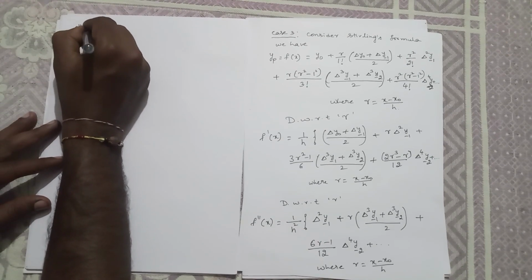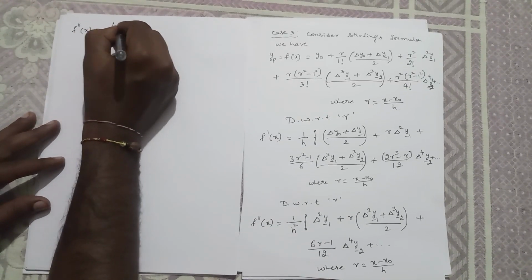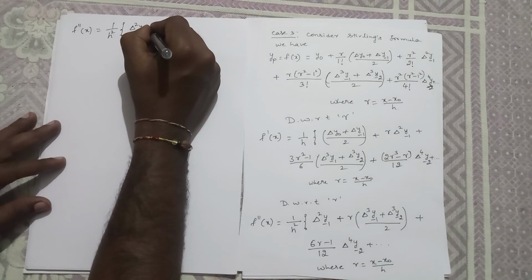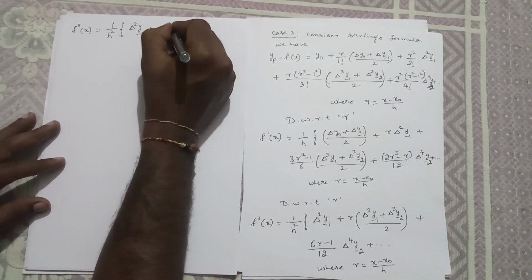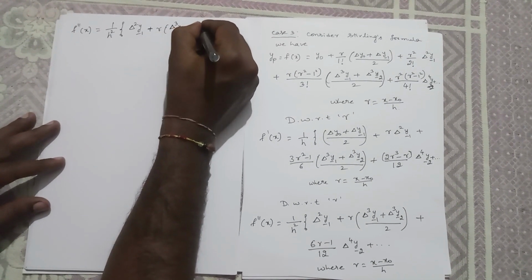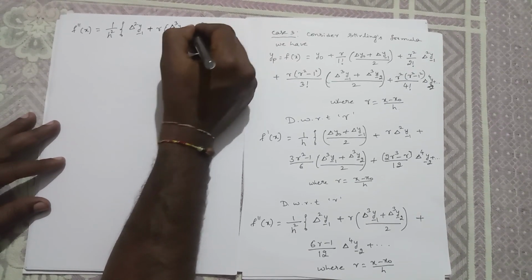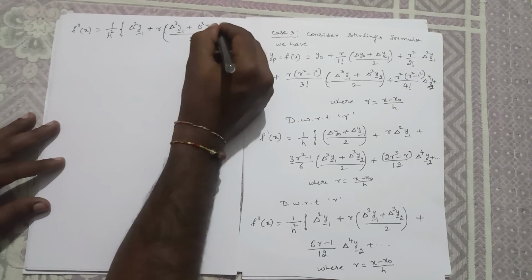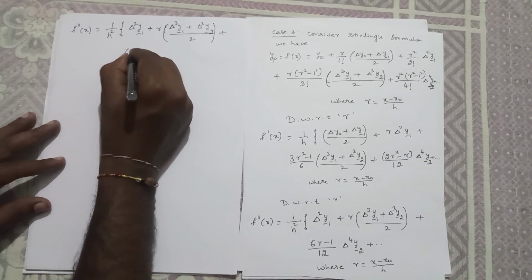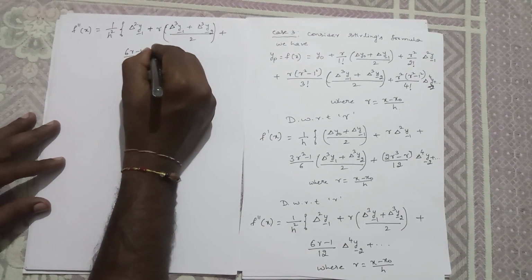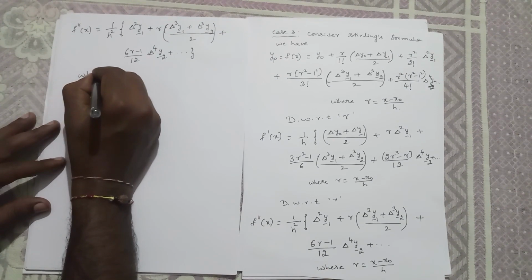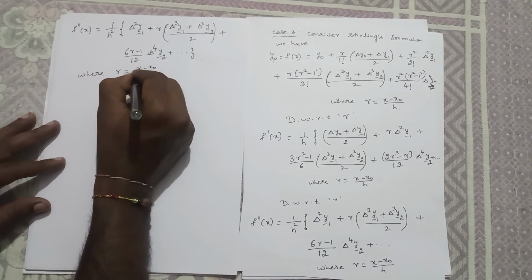So the f double dash of x formula is 1 by h square into delta square y suffix minus 1 plus r into delta cube y suffix minus 1 plus delta cube y suffix minus 2 whole divided by 2, plus 6r minus 1 divided by 12 into delta to the power of 4 y suffix minus 2, plus so on, where r equals x minus x naught divided by h.